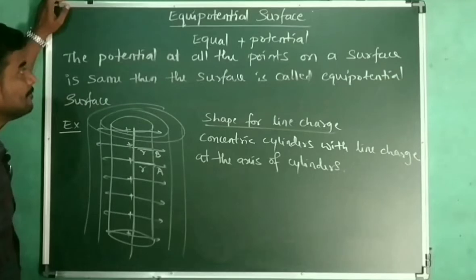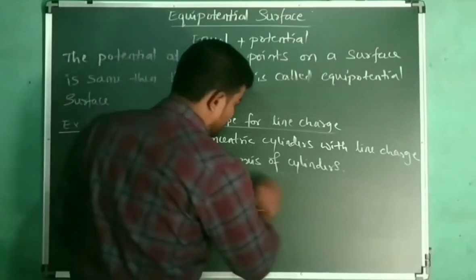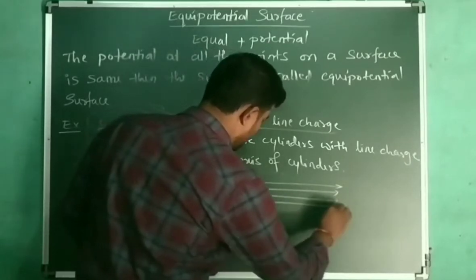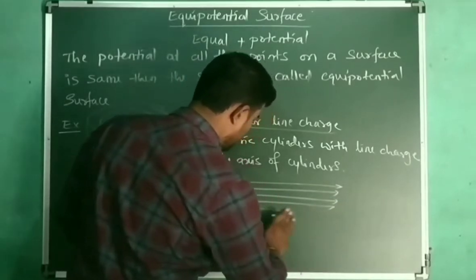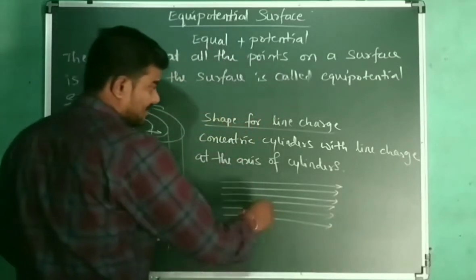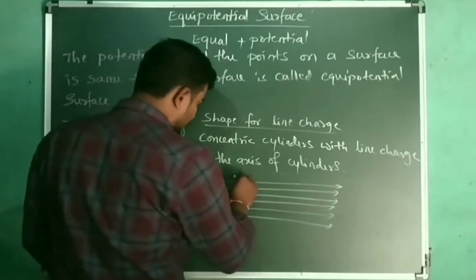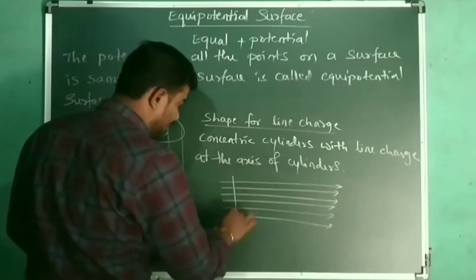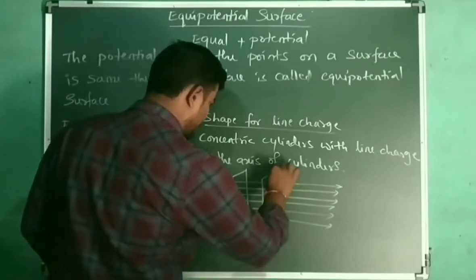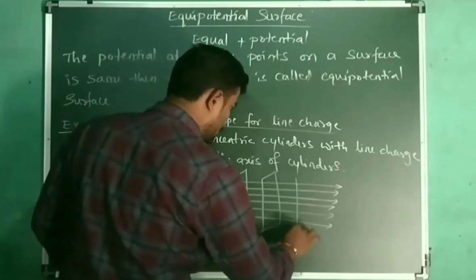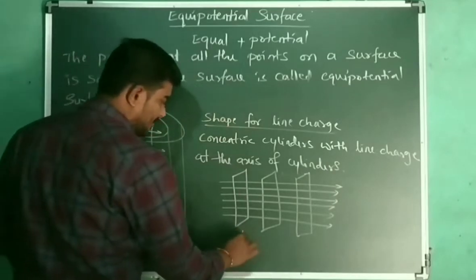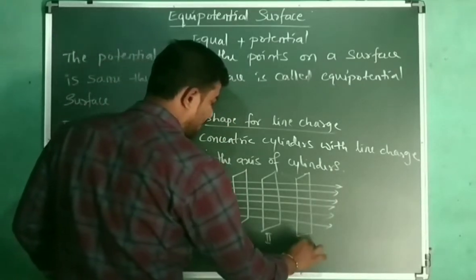Okay, for a uniform electric field like this, these are the electric field lines. In such a distribution, the equipotential surface will be normal to the field lines like this. Say this is surface 1, this is surface 2, this is surface 3.